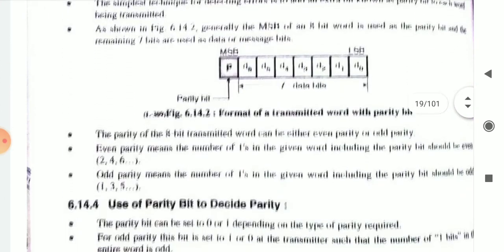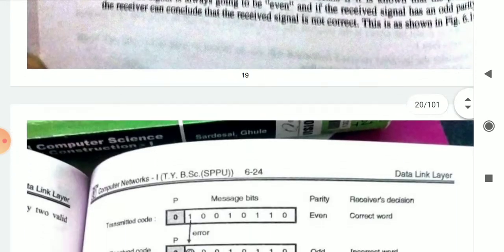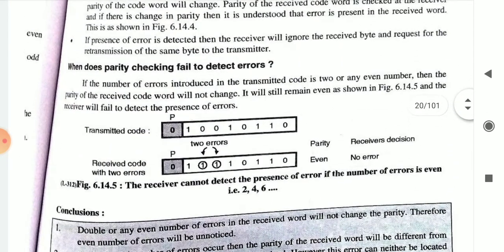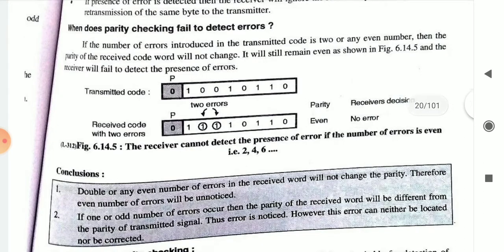Afterward there are some solved examples. Parity check, this was also seen in the previous lecture. See here, when does parity checking fail to detect errors? If the number of errors introduced in the transmitted code is 2 or any even number, then the parity of the received code word will not change. It will still remain even as shown in the figures.